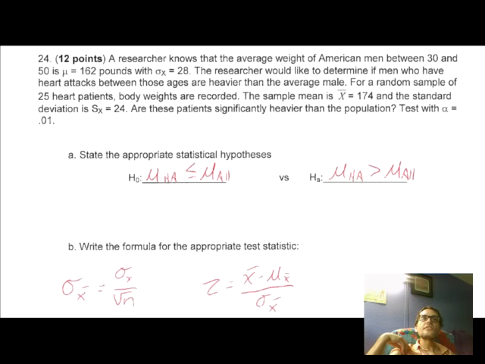Alright, so taking a look here, we have a known population with a known standard deviation. We have drawn a sample of scores, and we would like to know if this sample of scores is different from the population. This is a classic z-test. Everything smells like a z-test here.